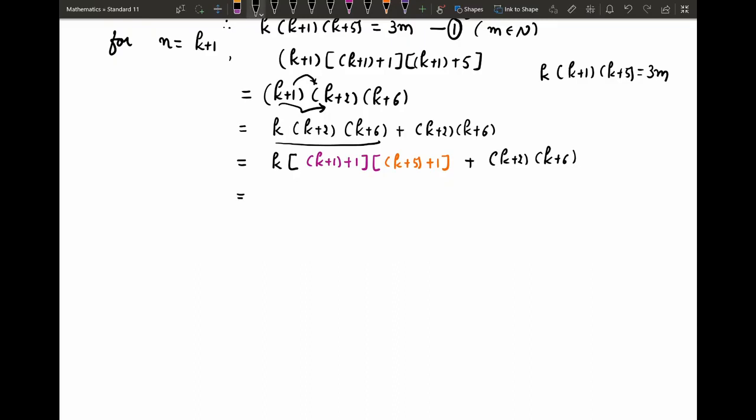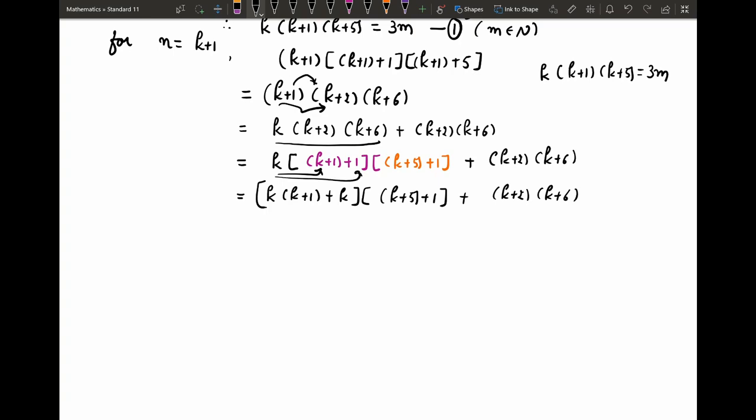This is k into k plus 1 into k plus 5, plus 1, k plus 2, k plus 6, k into k plus 1 plus k.